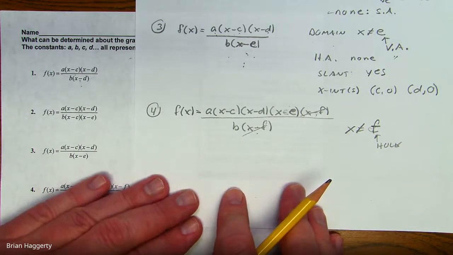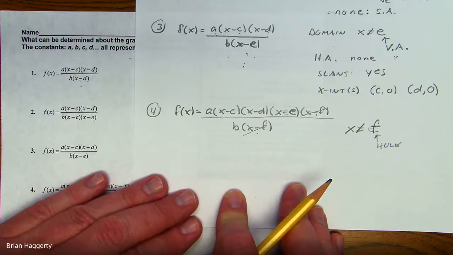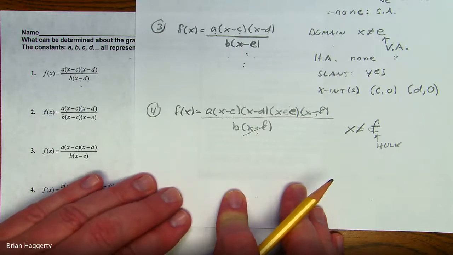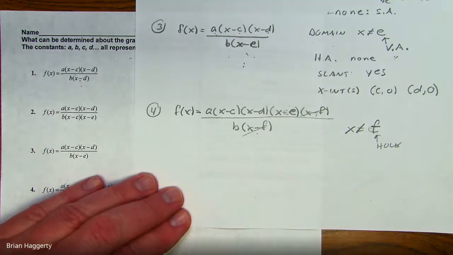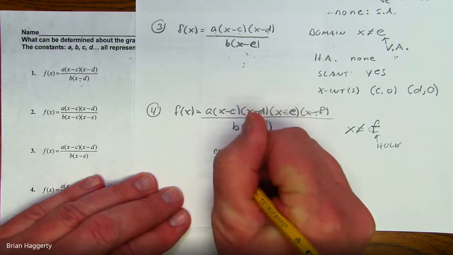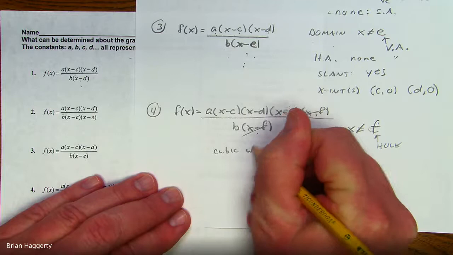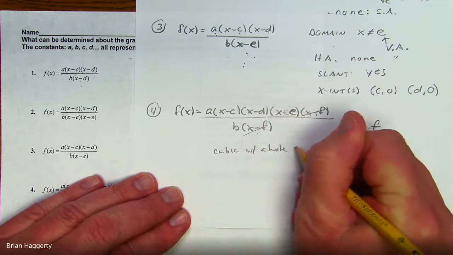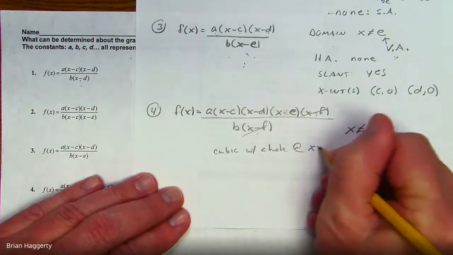Okay, what's a word for a third degree? Begins with a C. Cubic? There you go. So the best clean classification we could give this would be it's a cubic with a hole at x is equal to f.